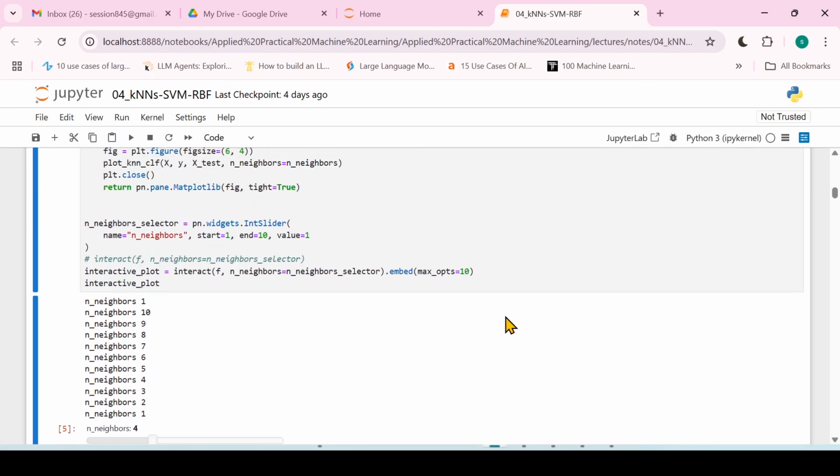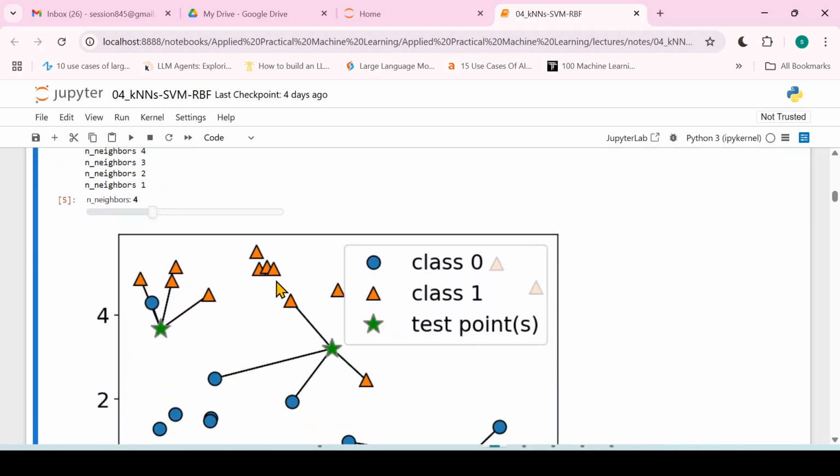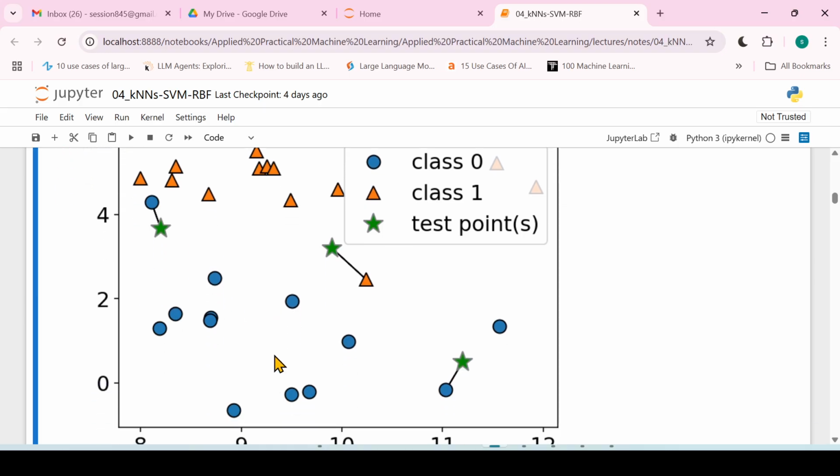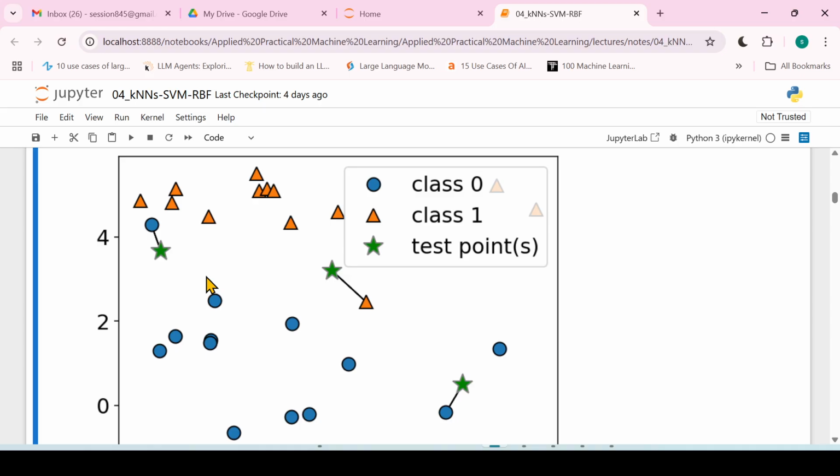So let's say we want to take the decision based on one nearest neighbor. As we have already discussed, the nearest neighbor to the test data point will be very similar to this example. Here the nearest neighbor to this green star is this blue one.